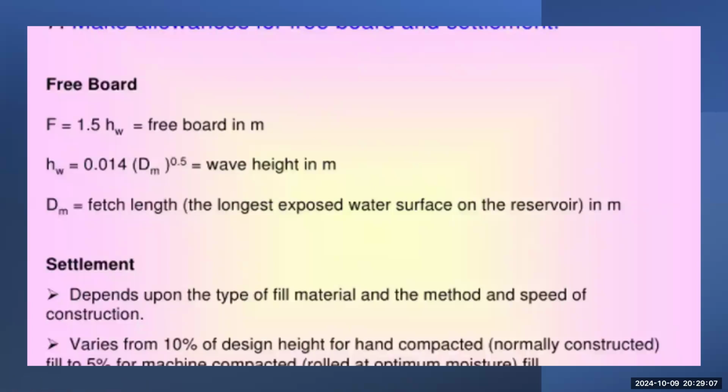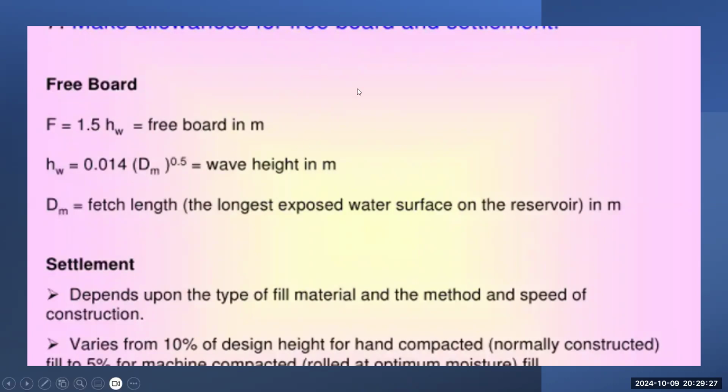Now, how is the freeboard decided? The freeboard is decided with the formula 1.5 times HW, where HW is the height of waves generated. And for that the formula is 0.014 into dm raised to 0.5. So what is dm? dm is the fetch length.